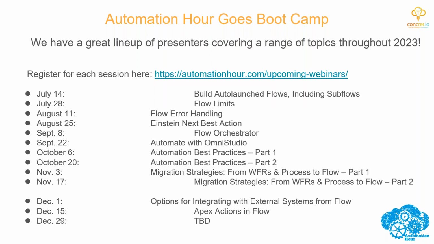Now that you have sort of that basis and talking about some of the other automation options, we're getting into best practices and migration strategies, things to help you be able to do more with Flow and do it the right way. So we hope that you'll consider joining us for some additional sessions. We are hard at work prepping for what we're going to bring you next year. So hopefully we'll have more information for you on that in a few short weeks.